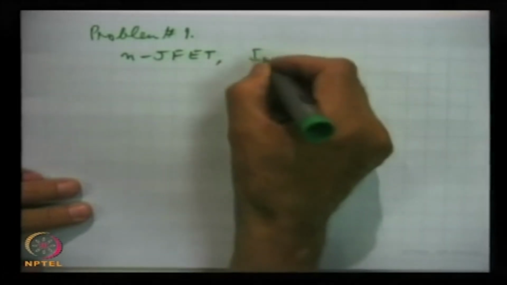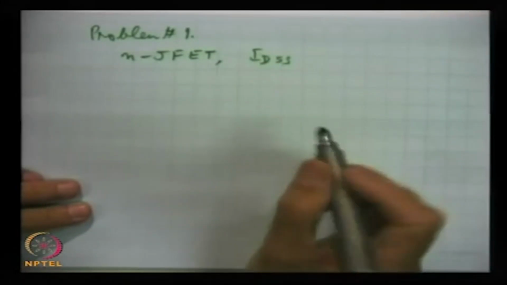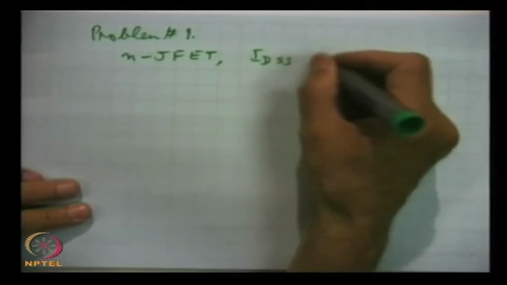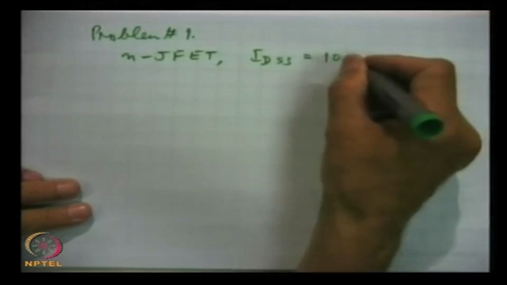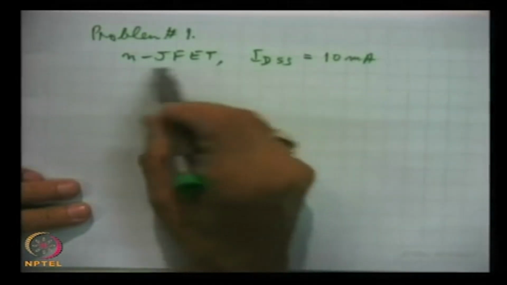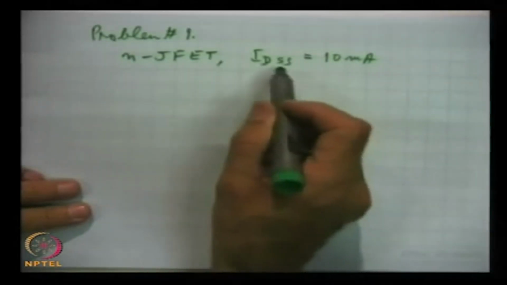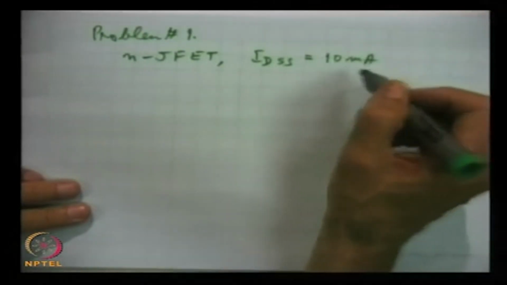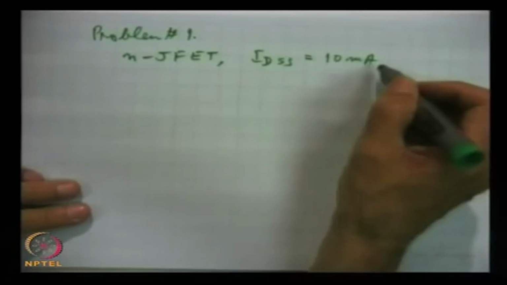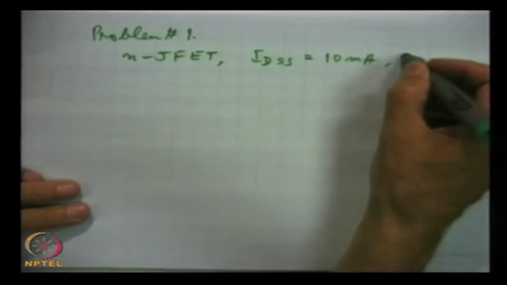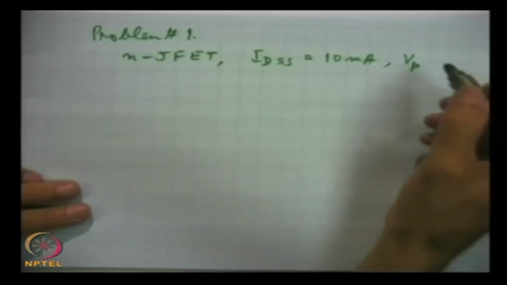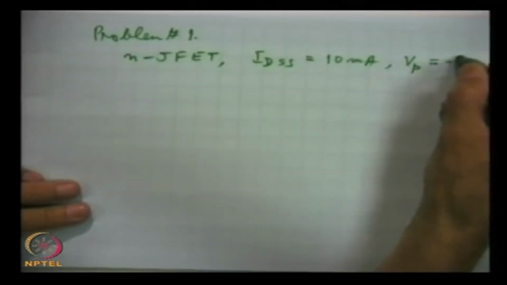For an N junction field effect transistor, the device parameters are: the source drain short circuited current, the highest current in the N junction field effect transistor, IDSS, is 10 milliampere for the device, and Vp, the punch through voltage, is minus 4 volts.